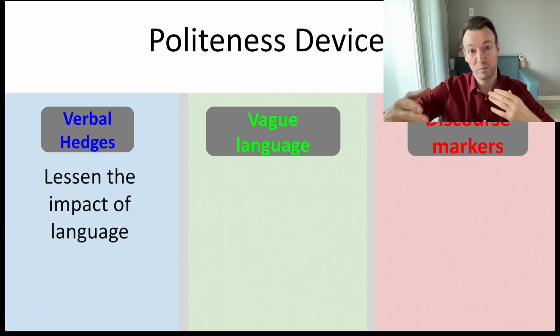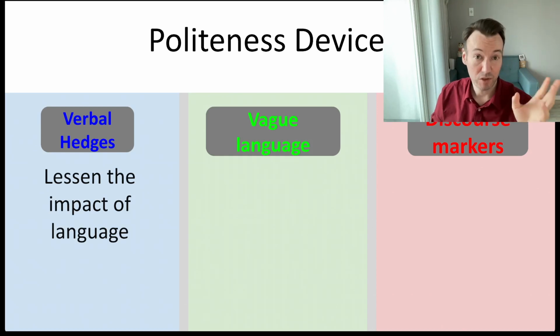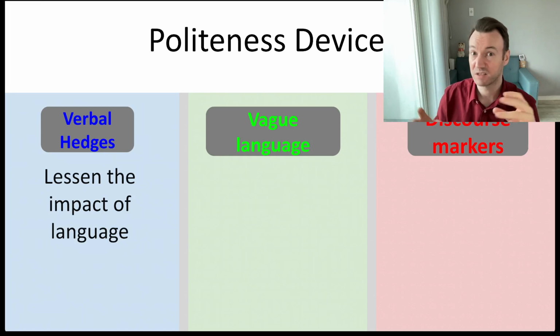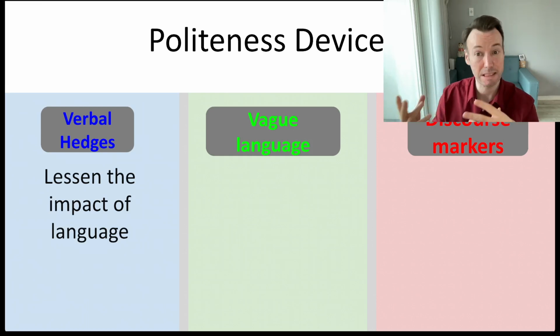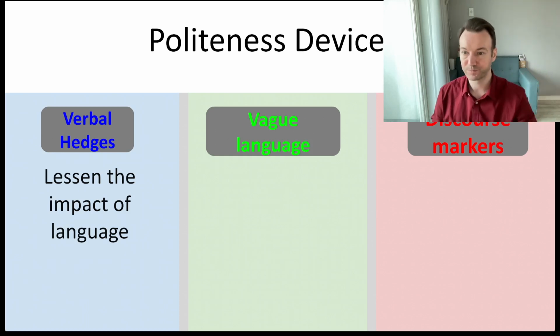We don't want to be too direct in a lot of contexts, a lot of social relationships. It is much better to be indirect, to kind of give more balanced language. So verbal hedges, we are reducing or lessening the impact of language.